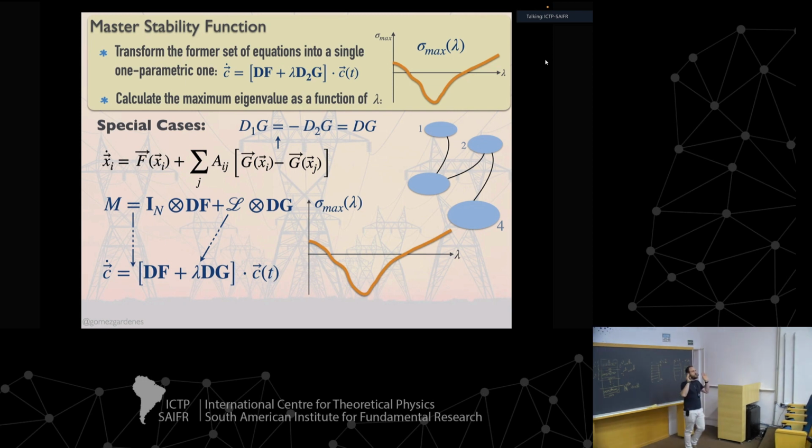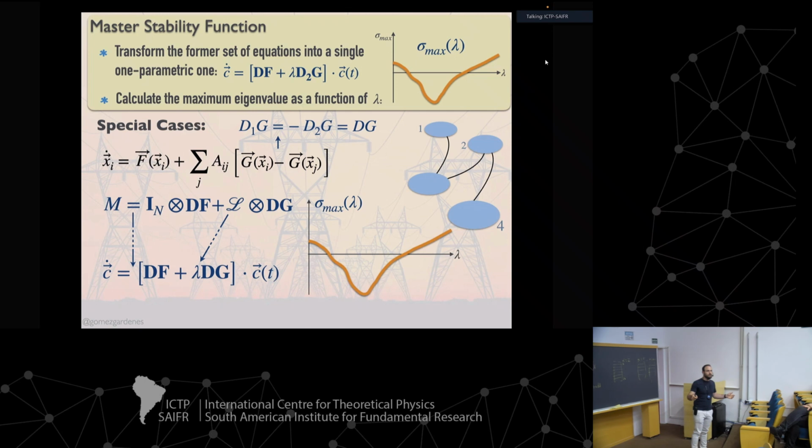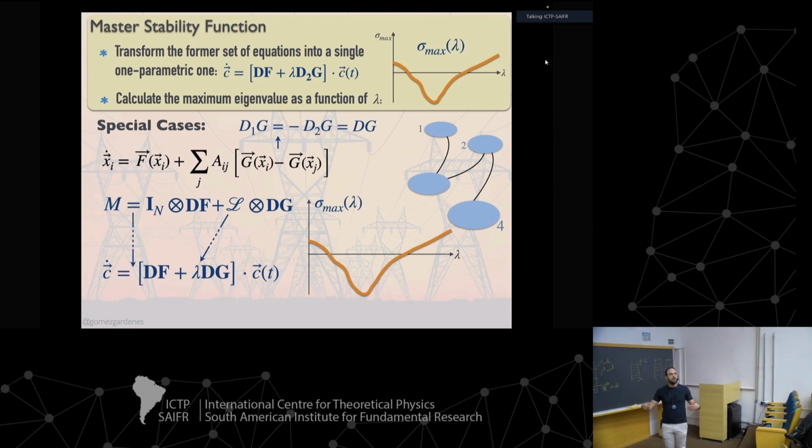So, if you have a system in which the interaction is reactive, so it's governed by the adjacency matrix, this lambda should be the eigenvalues of the adjacency matrix. If you have an interaction which is diffusive, like this one, then the strategy is exactly the same, the function is exactly the same, but these values should be the eigenvalues of the Laplacian.